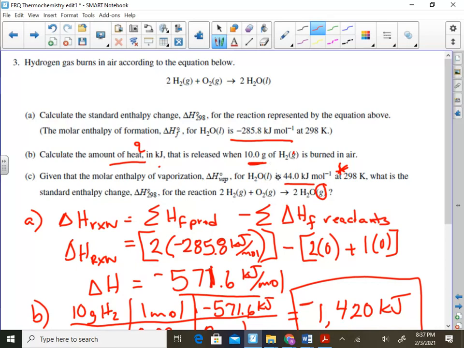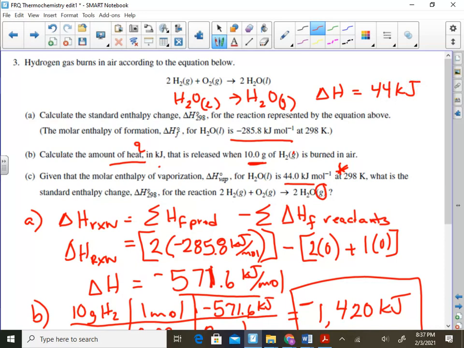So the molar heat of vaporization reaction is, and I'm just going to write it up here, water that's a liquid becoming water that's a gas. And we know that the delta H of that reaction is 44 kilojoules per mole.